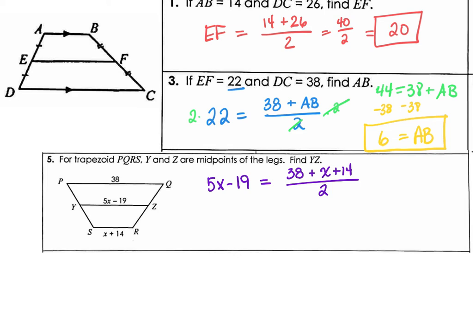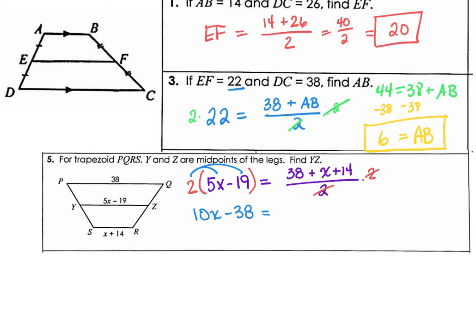A couple things we have to do here. We need to get rid of that 2, so we're going to multiply everything by 2. When we do that, this left-hand side is grouped, okay? So make sure you pay attention to the fact that that is grouped if there is a plus or minus in there. It will cancel on the right, and we have the grouping on the left. So we do need to distribute here 2 times 5x and 2 times 19.